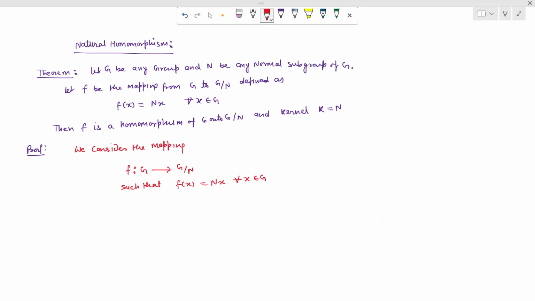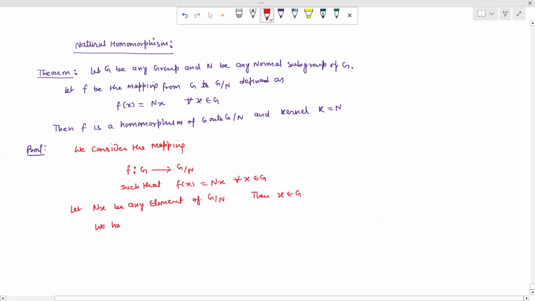So let Nx be any element of G over N, or G by N. Then x belongs to G, by using the quotient group definition. We have a function which is defined as f(x) = Nx.